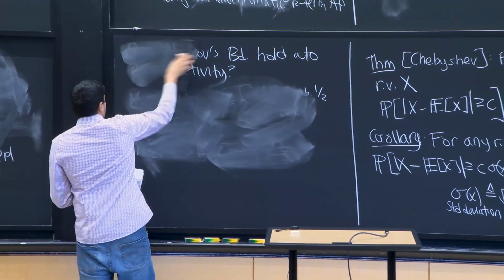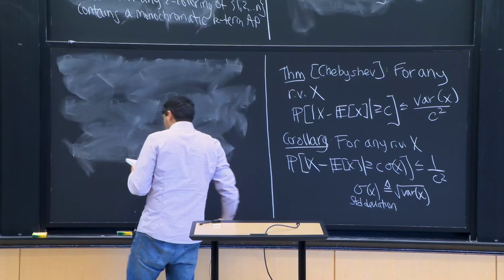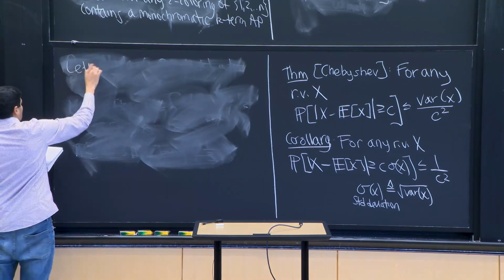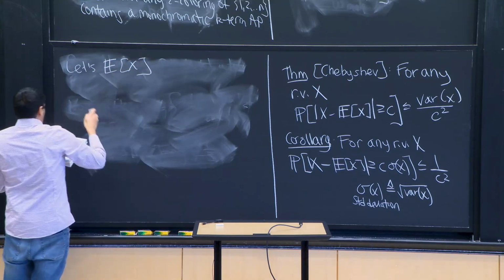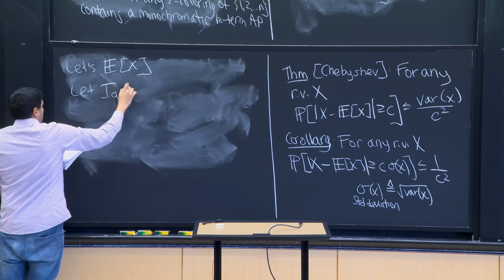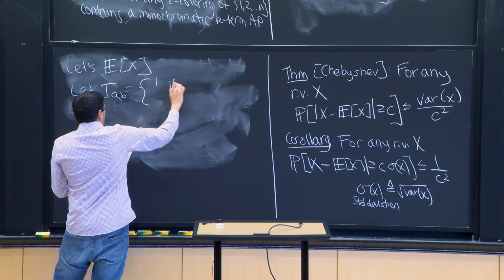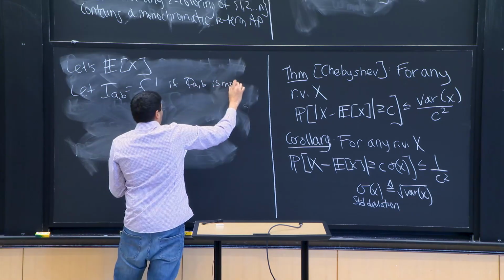So all that's left is really just to compute this expectation of x and hope that it's less than 1. So let's just compute the expectation of x. So I'm going to let I_AB denote the relevant indicator variables. It'll be 1 if Q_AB is monochromatic.